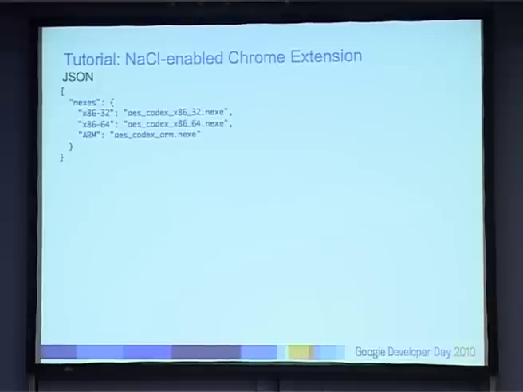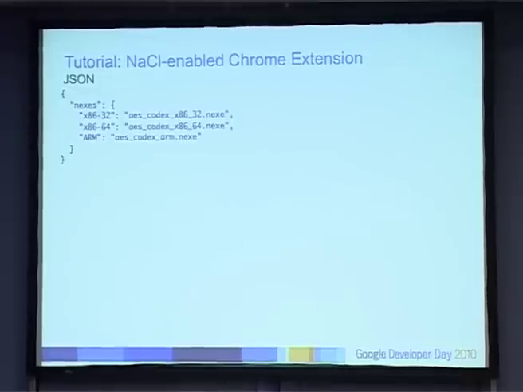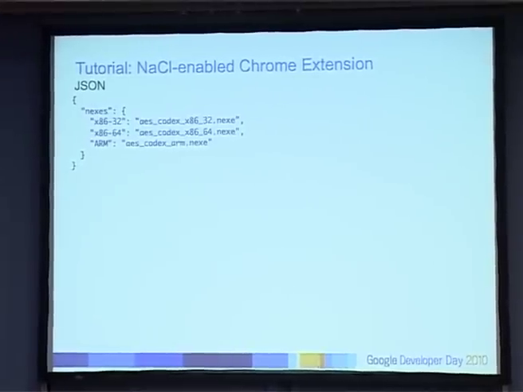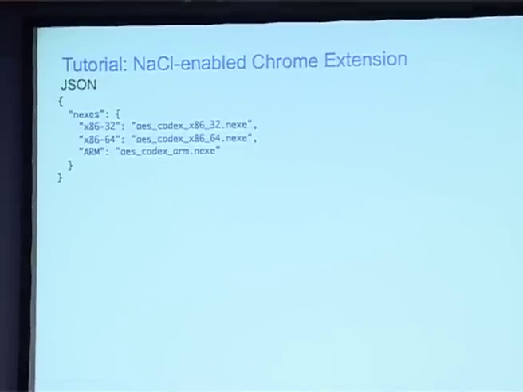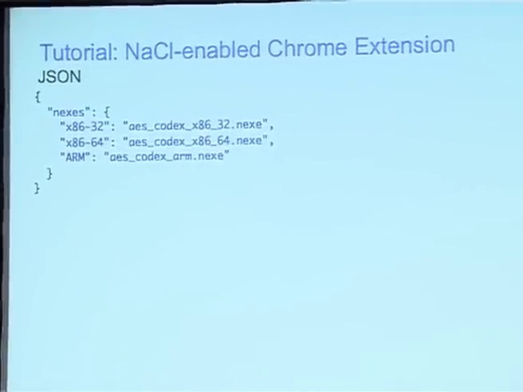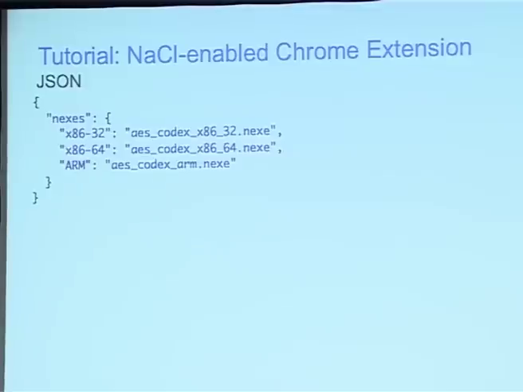What goes on here is that this is obviously native code, so you compile it for specific CPUs. We support x86 architecture, both 32 and 64-bit, and we support ARM. So part of your deployment process is to run the compilers for x86-32, x86-64, and ARM, and you build 3 different .nexes.